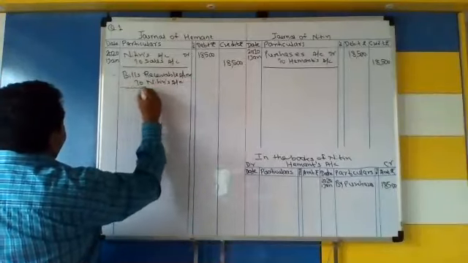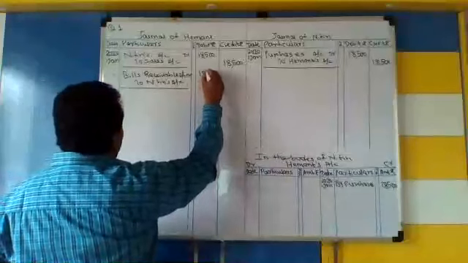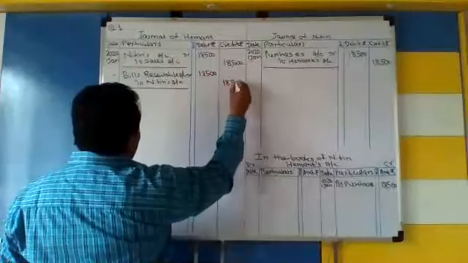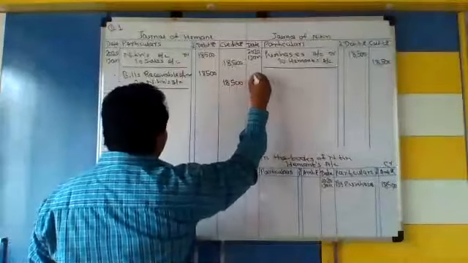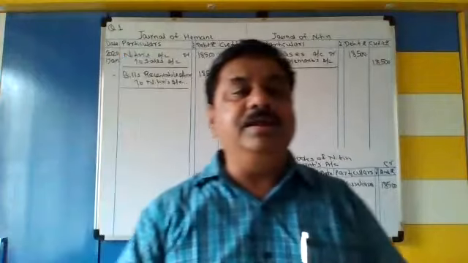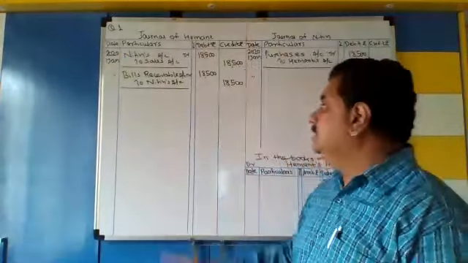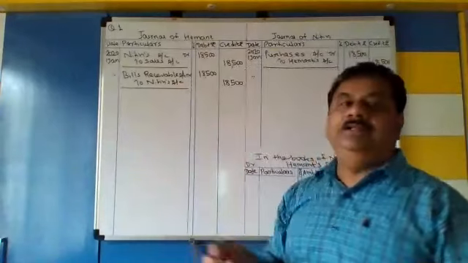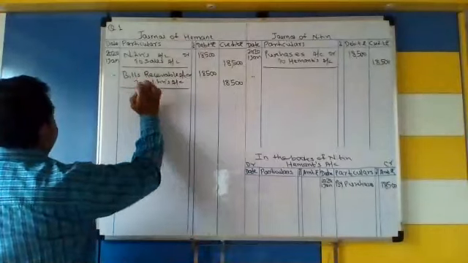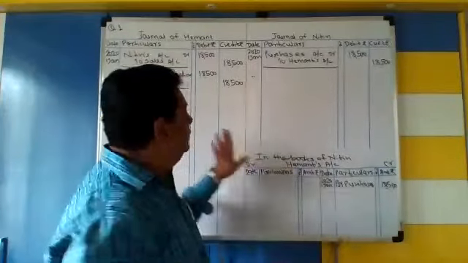The amount is of course the same, the bill will be drawn for the same amount. The date is also the same. Same date, same amount. So here for Hemant it is bills receivable, and the entry is bills receivable account debit to Nitin's account, 18,500.